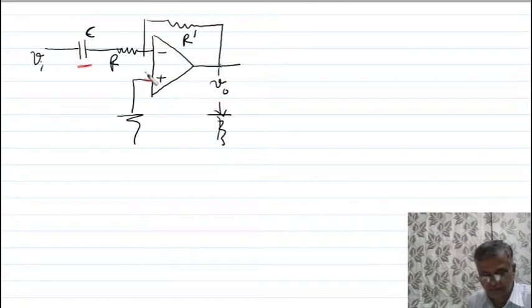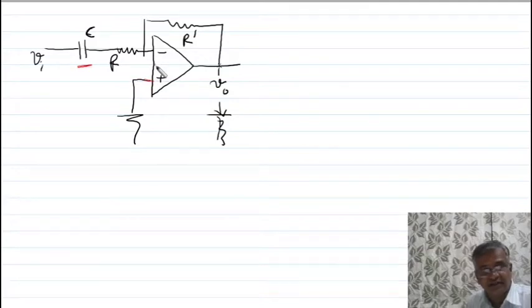Current flowing inside is zero. Second, due to the infinite open loop gain of the op amp, the voltage drop between these two points tends to 0.